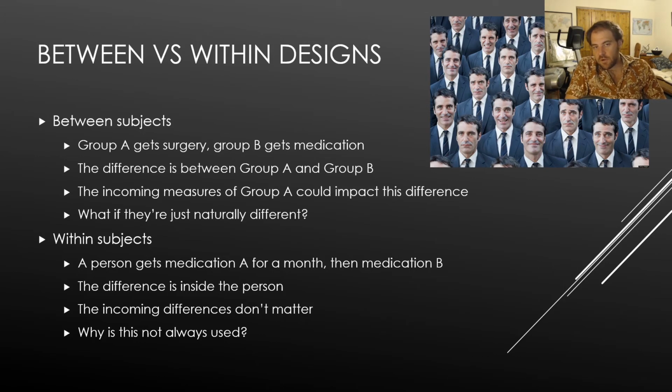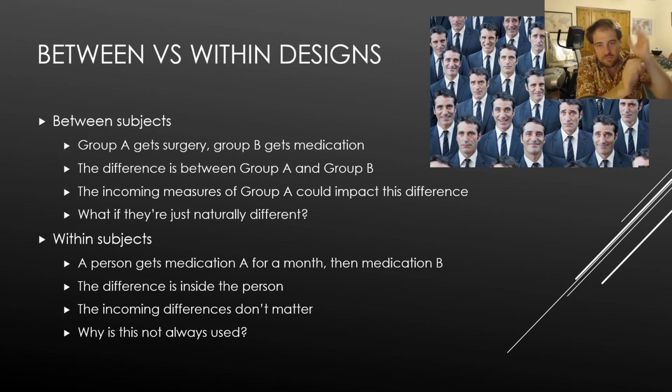But if it's preferred, why do we even have a between subjects? Because sometimes you can't. Think about our stuttering intervention. You can't really give someone both stuttering interventions and see which one is better, because if they both work to some extent, you give someone your stuttering intervention and then you give them the next one.